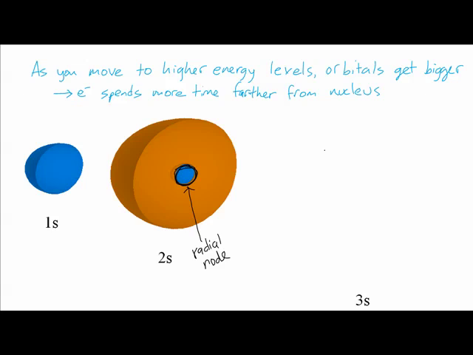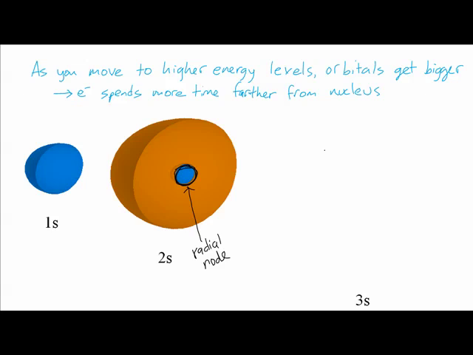It's another one of those things, and I know I keep saying this, that you're not completely responsible for in this class. But if you have some idea that there's an underlying function that makes this picture, and that function can have a positive or a negative value, that pays huge dividends later on. Because when you combine orbitals, that value becomes important.